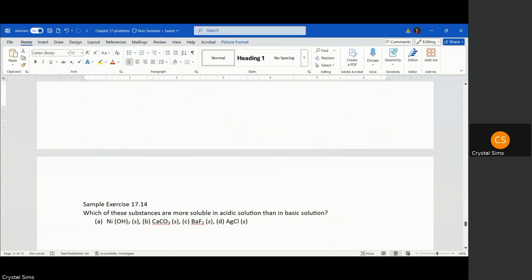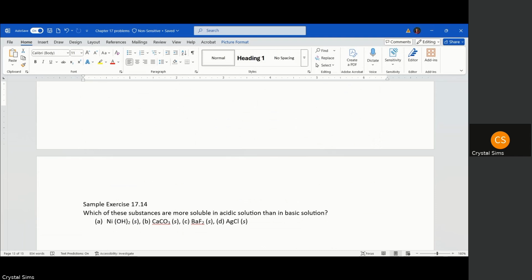Okay, almost done. Our last couple of things here that we're going to look at is being able to predict the effect of acid on solubility.